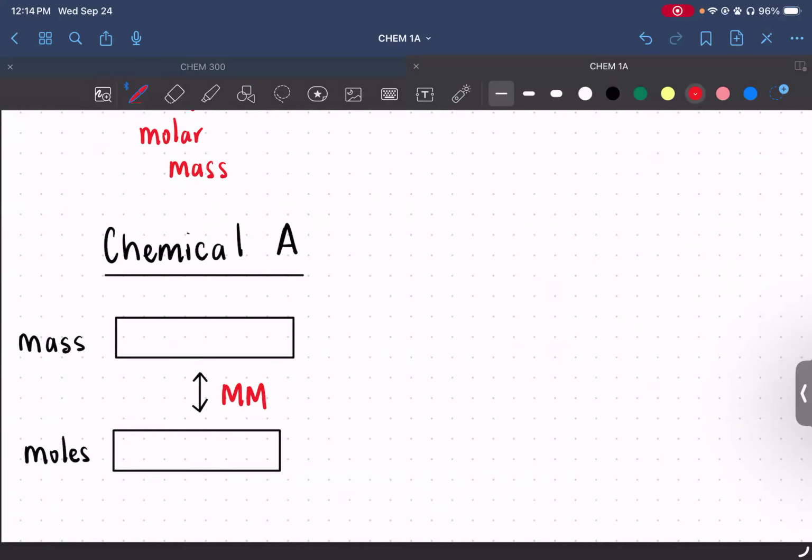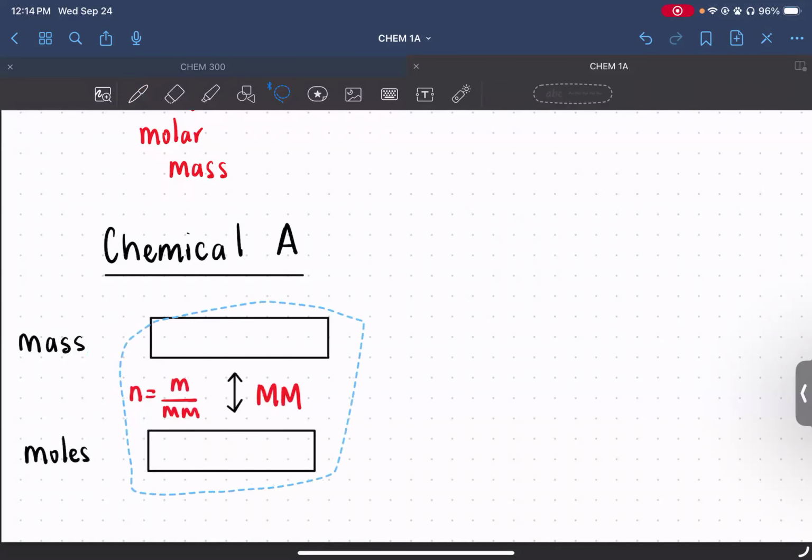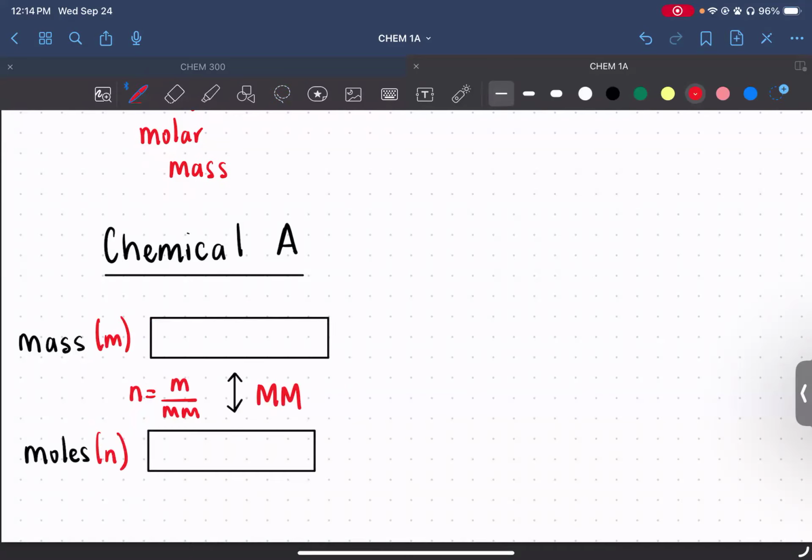As you might remember, n is equal to m over MM. And just so we're absolutely clear, I'll put the abbreviations beside them. Mass is lowercase m, moles is n.